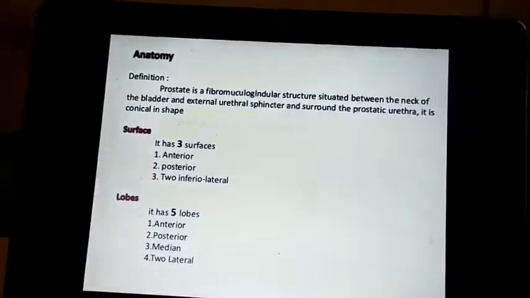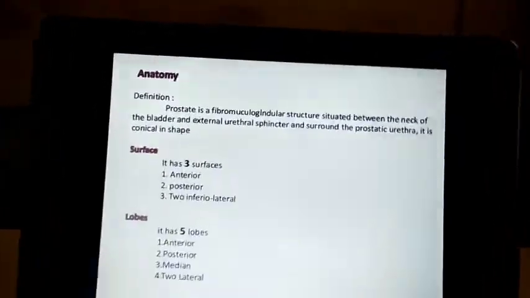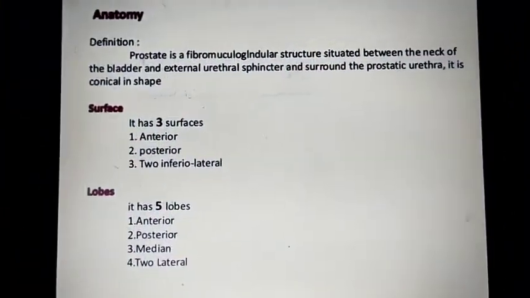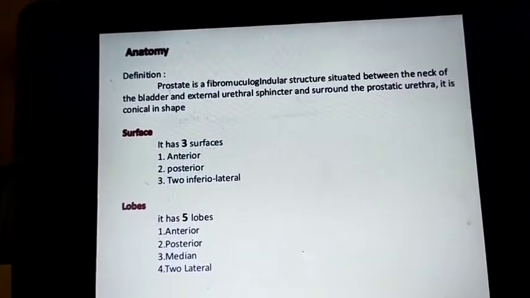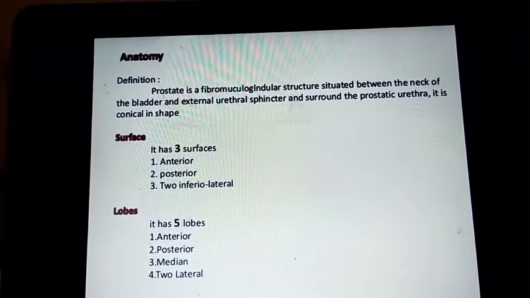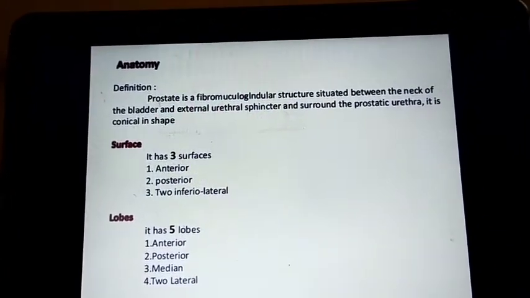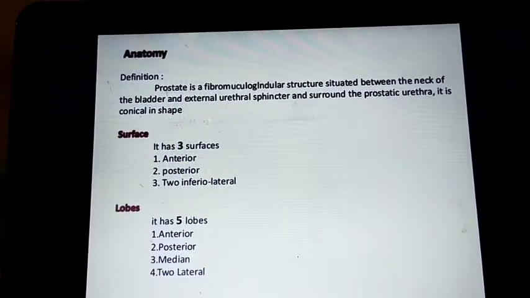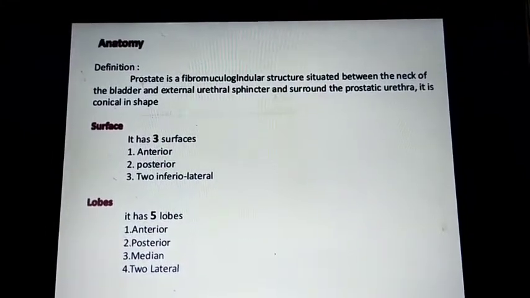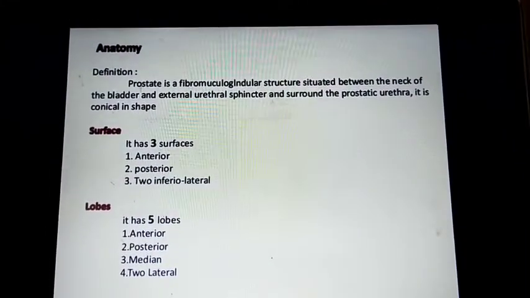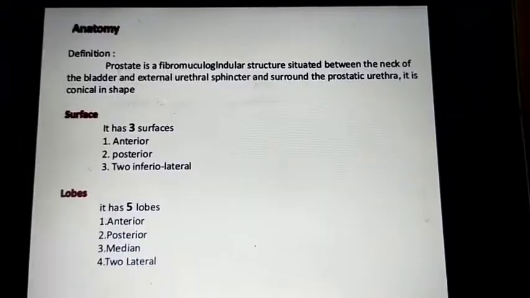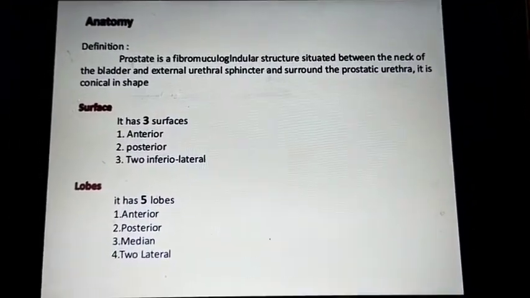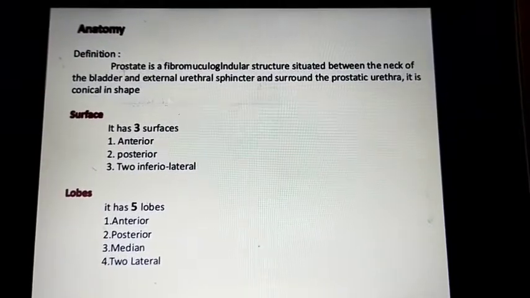Let's go to the next slide. Then we can go to the anatomy of the prostate. I already told the shape of the prostate: it has an inverted conical shape. It has an apex and a base, and three surfaces: anterior surface, posterior surface, and two inferior lateral surfaces, meaning 4 surfaces in total.